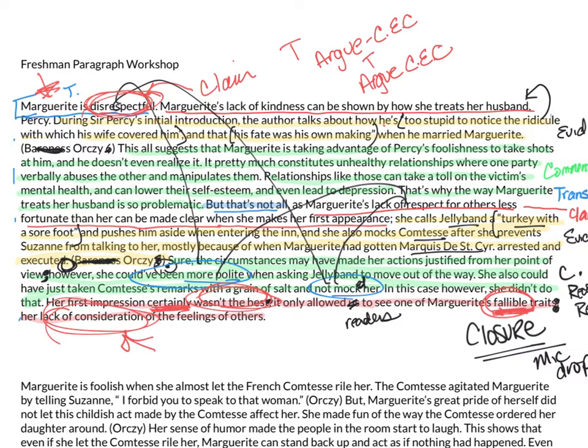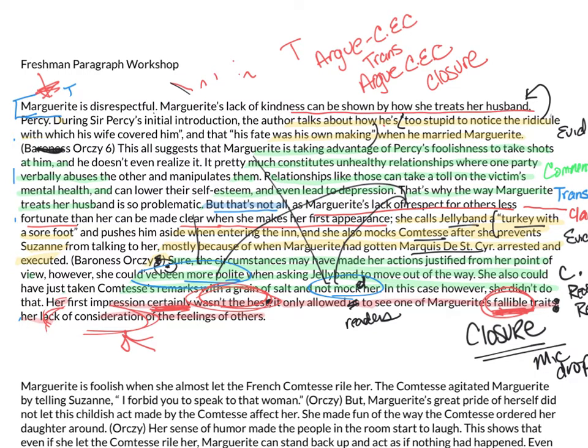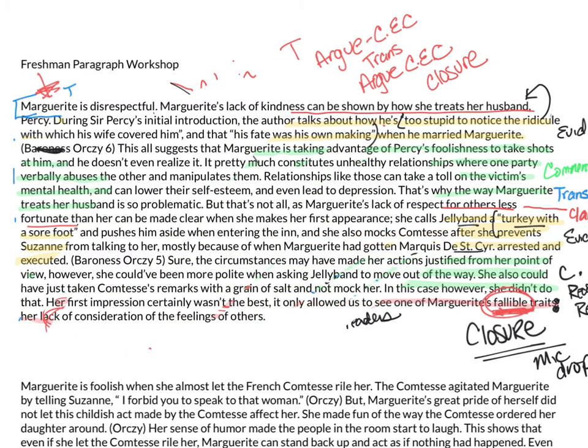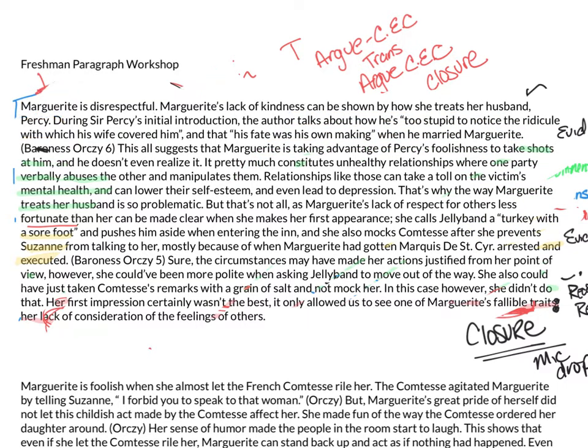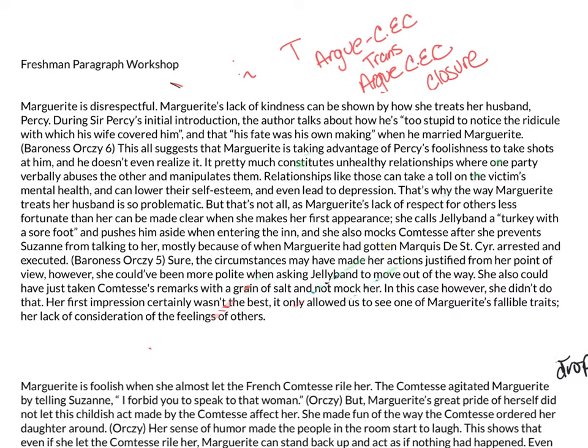Between them, I would see a transition, and then I would see a strong closure at the end. This paragraph has some minor corrections that need to be made to kind of clean it up a little bit. But overall, I would say this is a very strong paragraph. And this is definitely what I would like to see all of you guys doing, because this is an A. Okay, are you guys ready to look at your next paragraph?